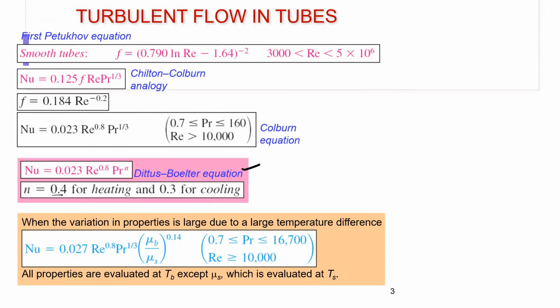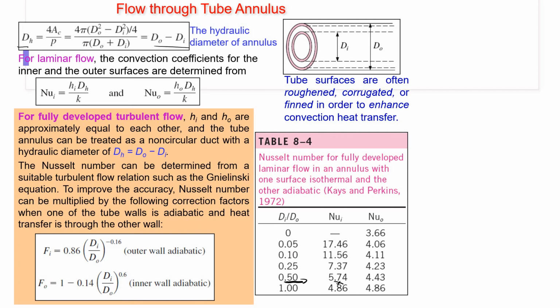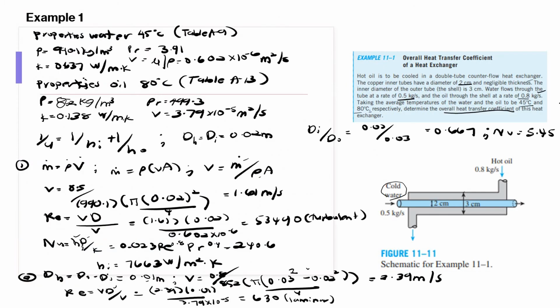Okay, referring back to the flow through tube annulus slide. Because we want to know the heat coefficient of outer part, which is annular space, we need to use this formula. So rearrange, h naught equals k over Dh dot Nu.